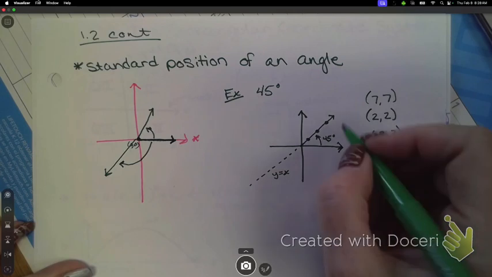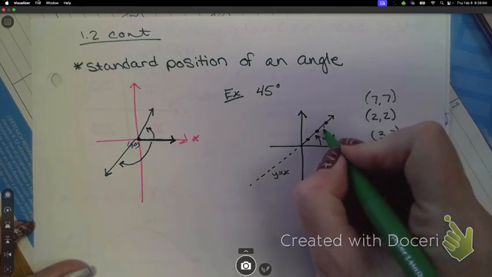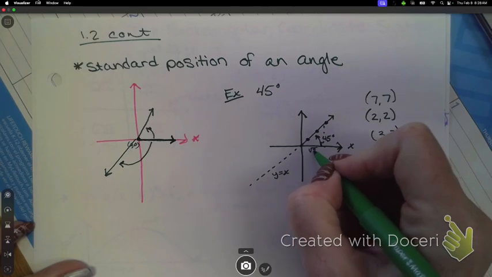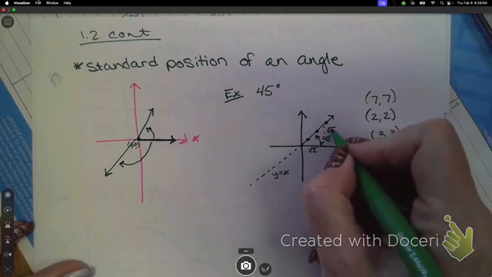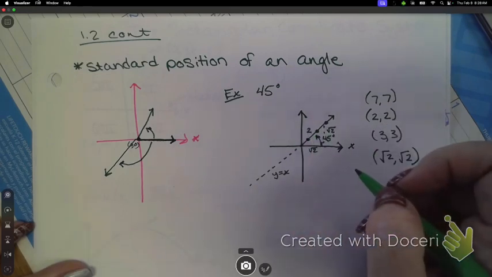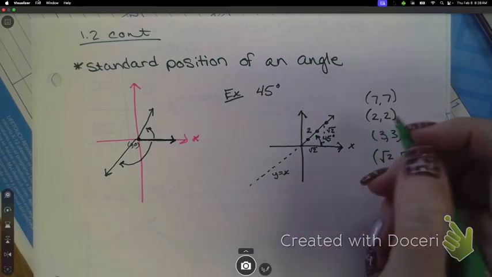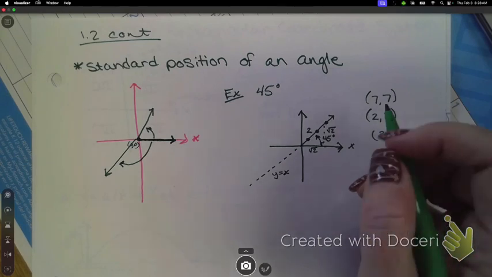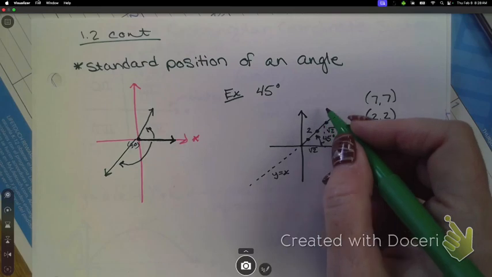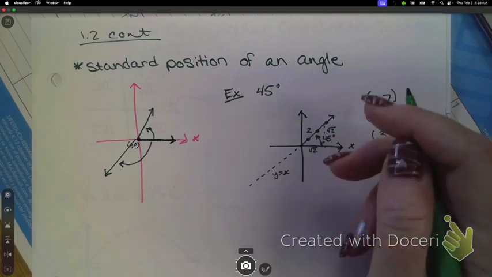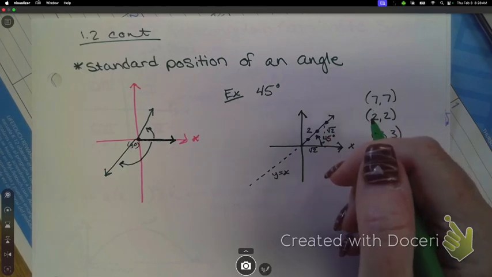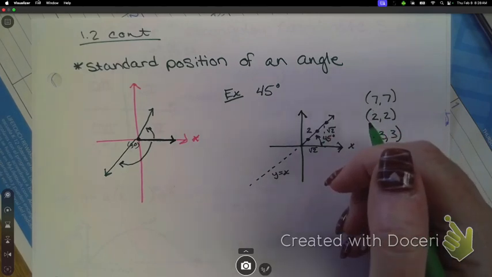So if I made an imaginary right triangle here, square root of 2, square root of 2, and then 2, you got a triangle. So when we know a point on an angle, can we make a right triangle? Can we then solve it with the Pythagorean theorem? Yes.